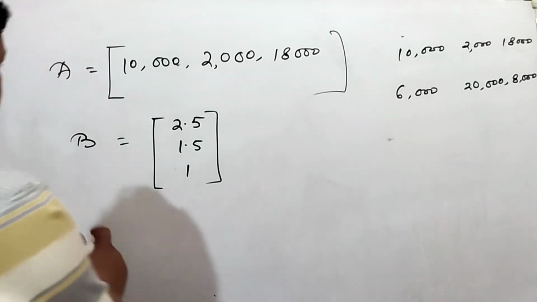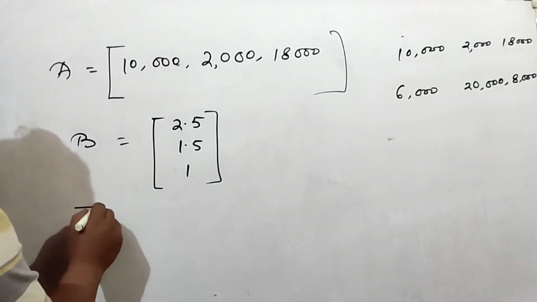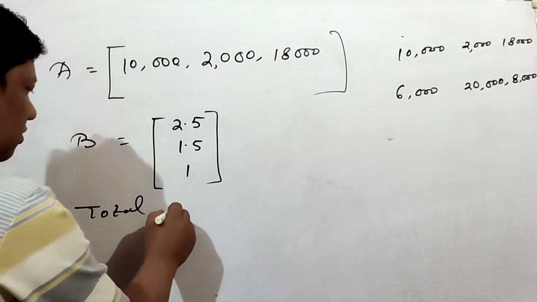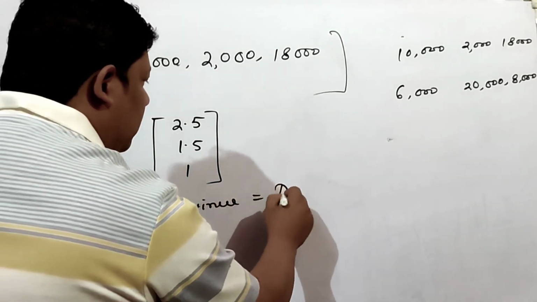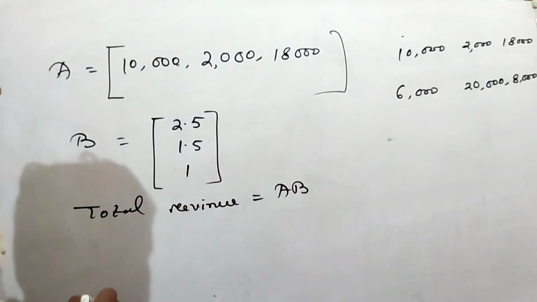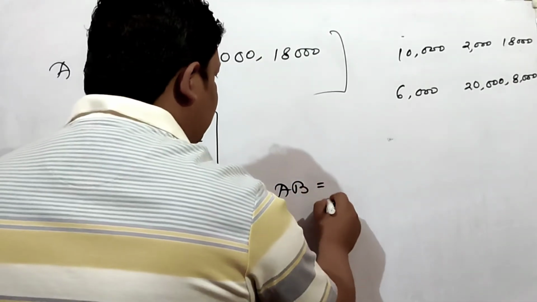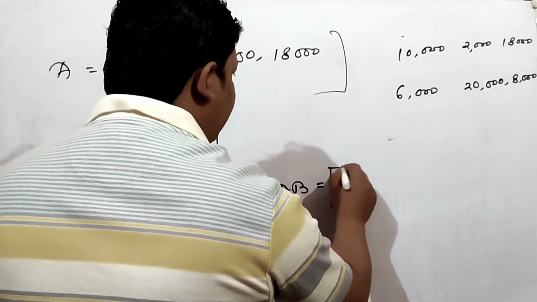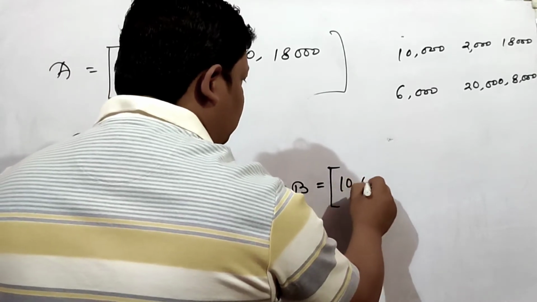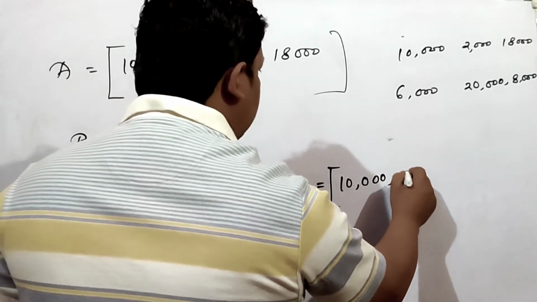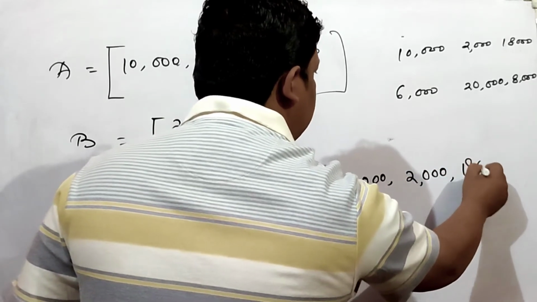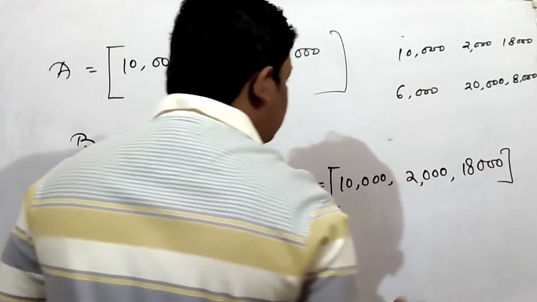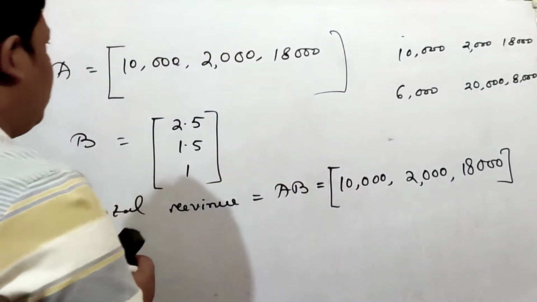Therefore total revenue equals AB, that means A and B should be multiplied. So the A matrix is 10,000, 2,000, 18,000. So it is the first revenue.